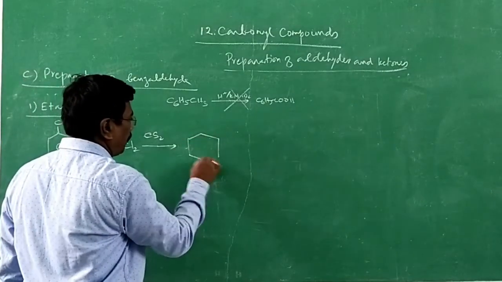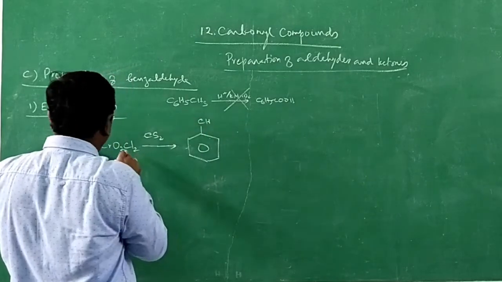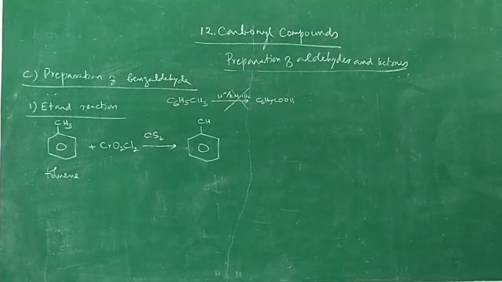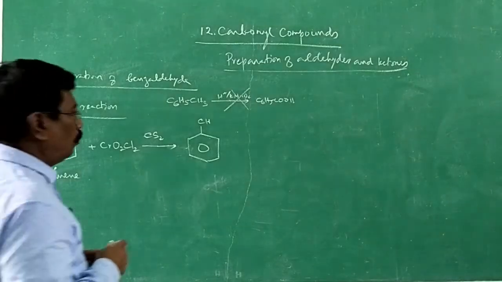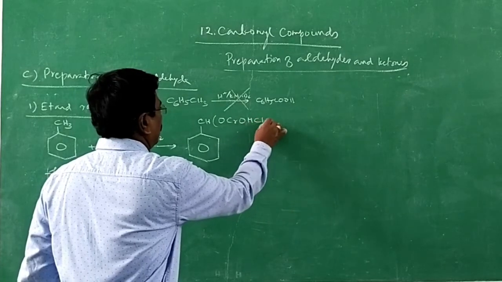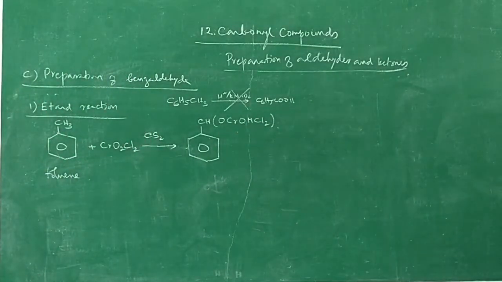C6H5CH3. These two hydrogens enter in here with the CrO2Cl2 producing O, Cr, OH, Cl2. We get the chromyl chloride being added here.